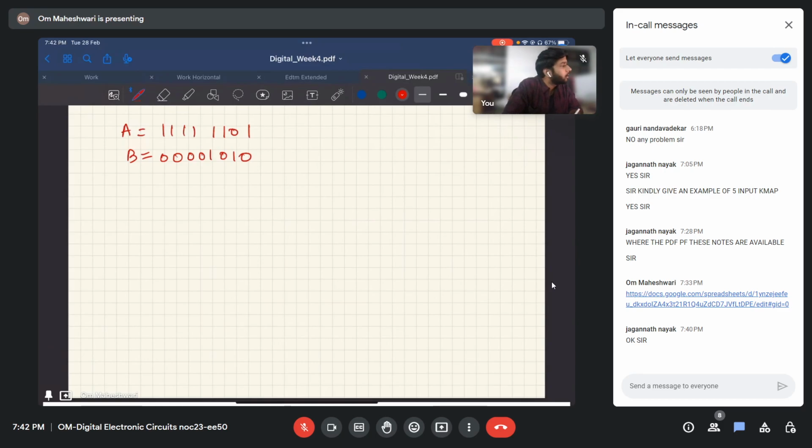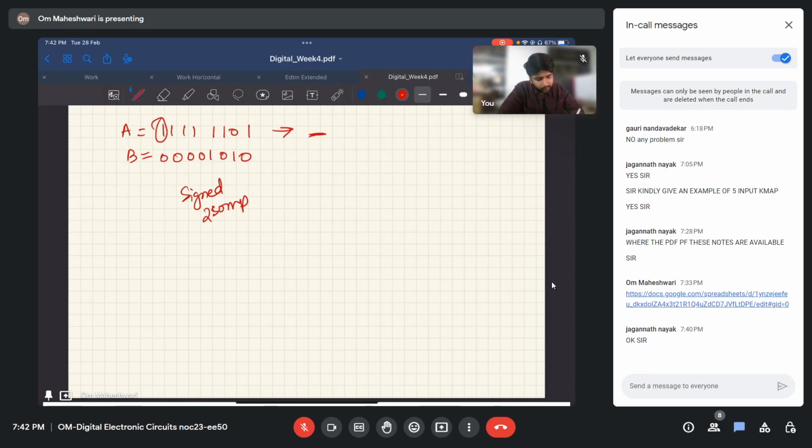These are two signed two's complement representations. What does this correspond to? So first of all, this is signed and two's complement. So we know since this is one, it is a negative number.